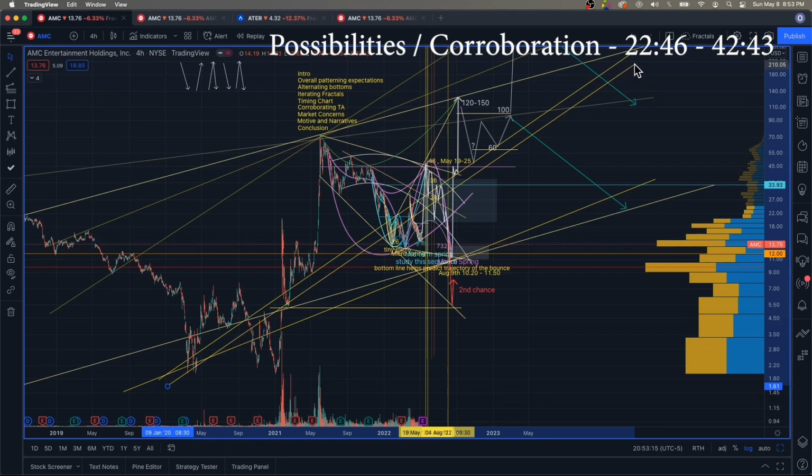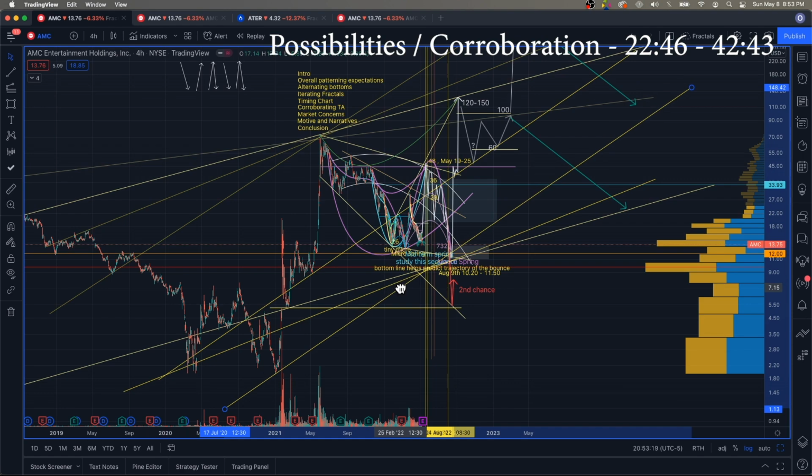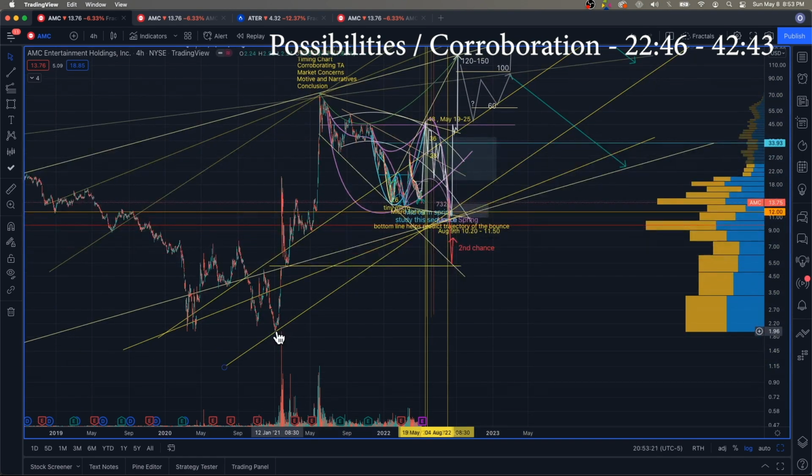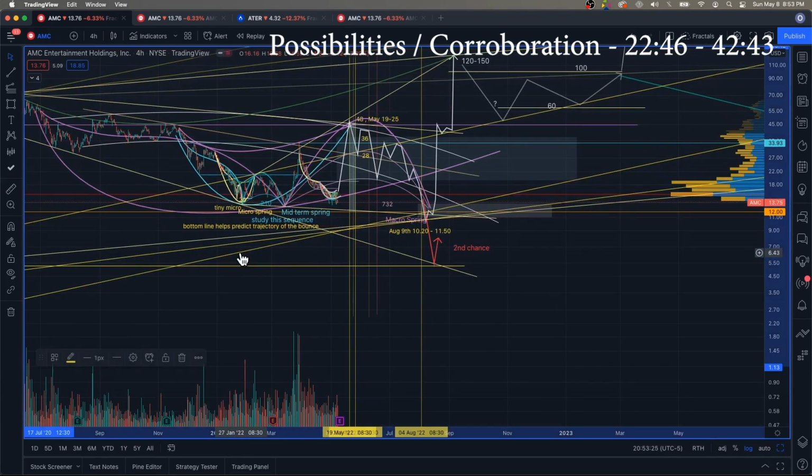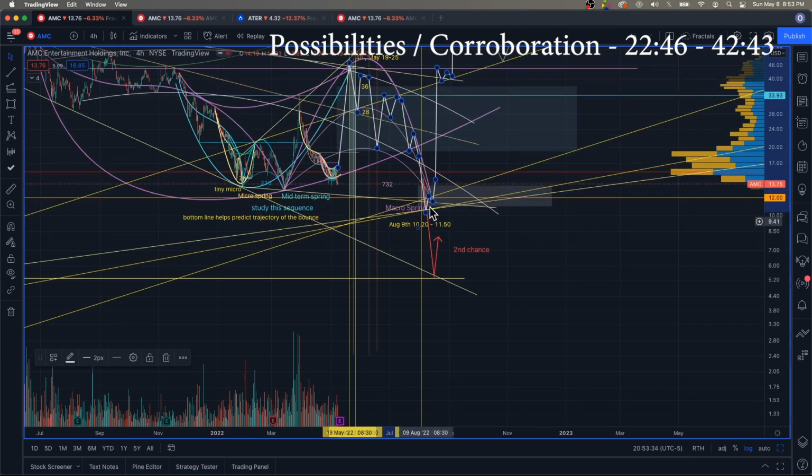And when I duplicated it again, and I brought it down and lined it up with this bottom, look at where it comes through. It came through right on the money, right where we were expecting that momentum arc to finish off.